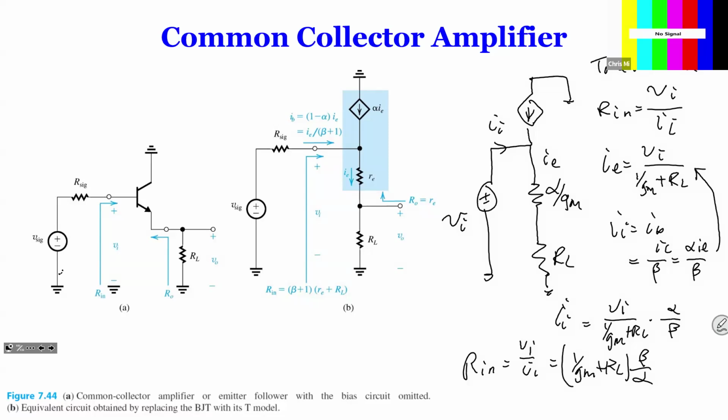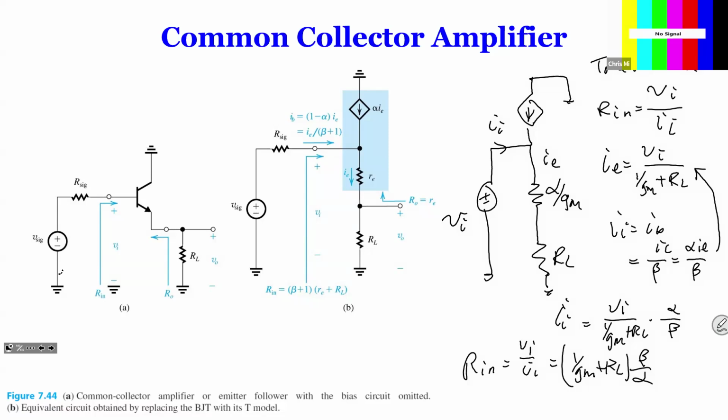So you see, 1 over GM is a small number, but RL is a big number, and you use the bigger number times beta, 100. If this is 10K times 100, it gives you 1 meg. So even though this is a BJT, the input resistance can be huge.